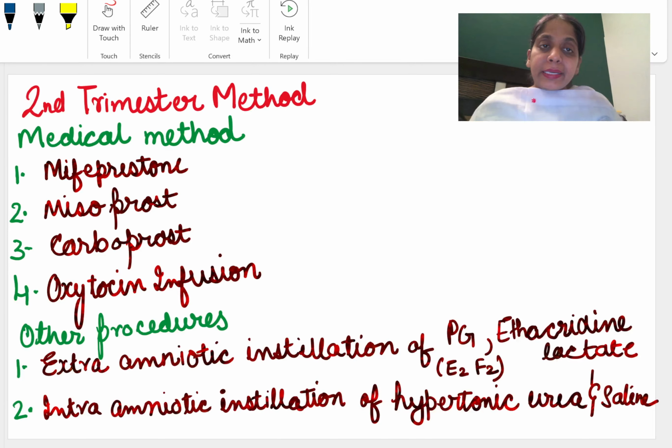Another procedure is intra-amniotic instillation of hypertonic urea and saline. These also cause second trimester abortions, though these are not practiced clinically, but examiners do ask all these things because in the earlier era these were done. The surgical methods for second trimester abortion are D&C with ovum forceps, suction evacuation, or hysterectomy. Okay, so this was about the methods.